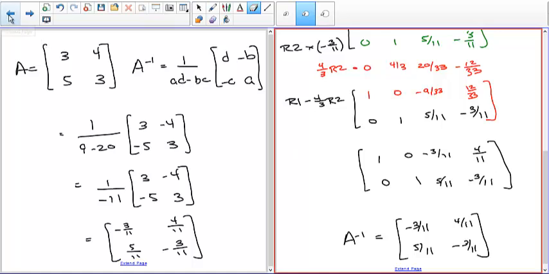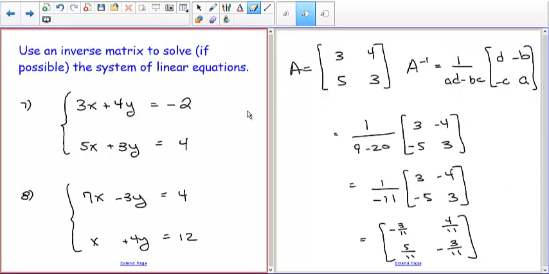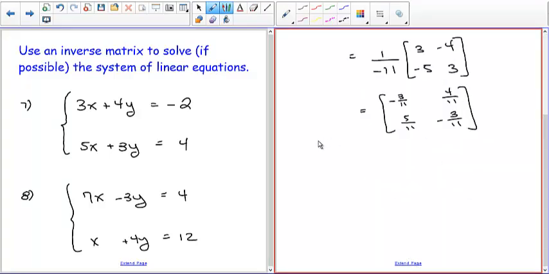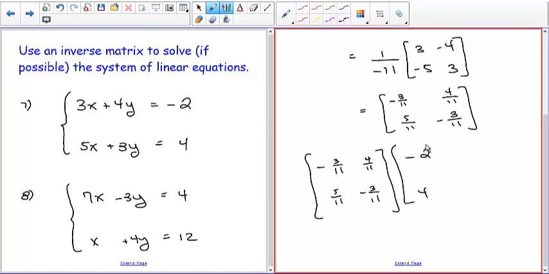So that's the inverse. Now how do we solve this? You take the inverse of the matrix, negative 3/11, 4/11, 5/11, negative 3/11, and you're going to multiply that inverse by the B matrix, which is negative 2, 4.